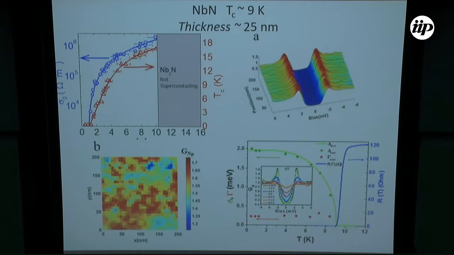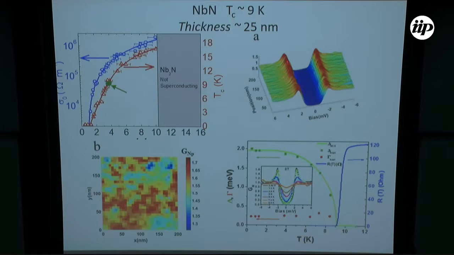Okay, before I go to the vortex state, let me quickly give you an overview of the zero field state. So if you take a niobium nitride which is disordered, but not very disordered, so it's at 9 Kelvin, that's about here, and then you do this STM at various points, let's say along a line, you see that you have a more or less uniform gap.